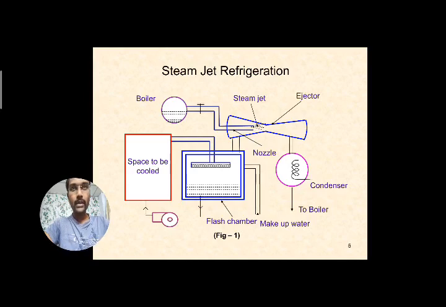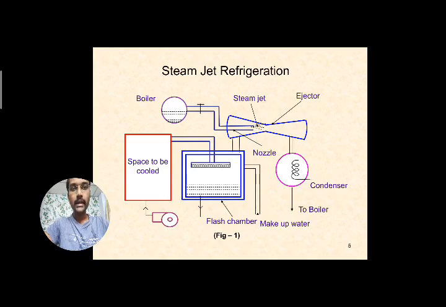So evaporation will take place, and the heat present inside the water is removed in the form of vapors or gases, and those gases are removed with the help of the high velocity jet passing through the ejector. Due to this, low temperatures are created in the water. So this is the principle of how the temperature is reduced in the water.